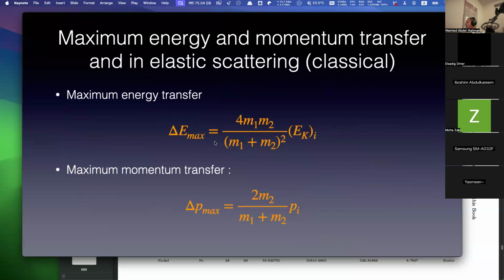So this maximum energy transfer is given by this ratio, the product of the masses over the square of the sum of the masses, with a 4 here, multiplied by the energy of the projectile particle. The momentum transfer can also be derived. It's given by this formula, and it depends on the masses of the two particles as well as on the momentum of the projectile.